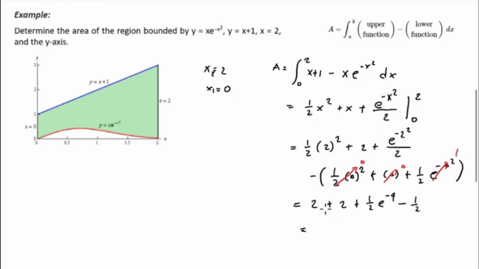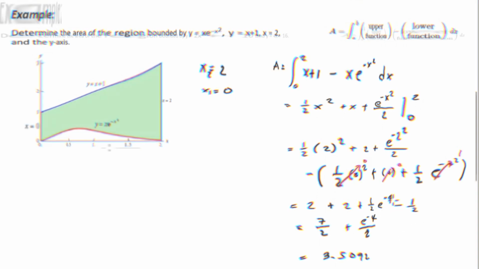And we simplify. So 2 plus 2 is 4 minus 1/2, or using the LCD, 4 times 2 or 8 minus 1, or 7 over 2 plus e^(-4) all over 2. We have 3.5092. So this will be the value.